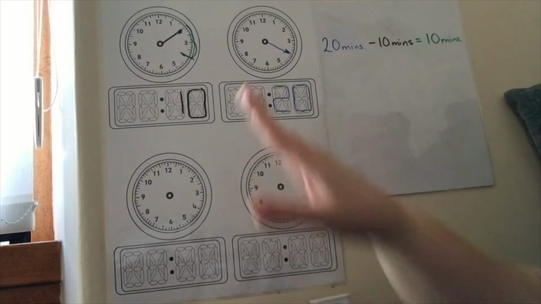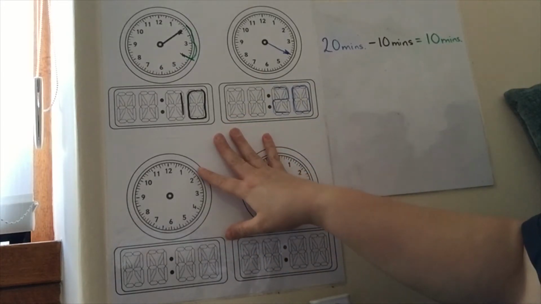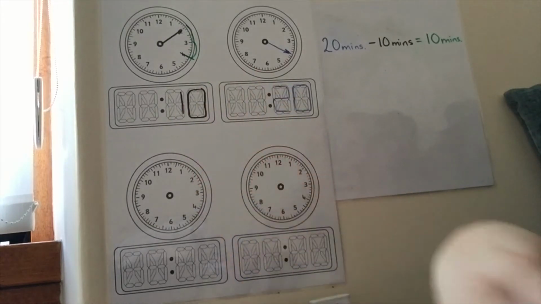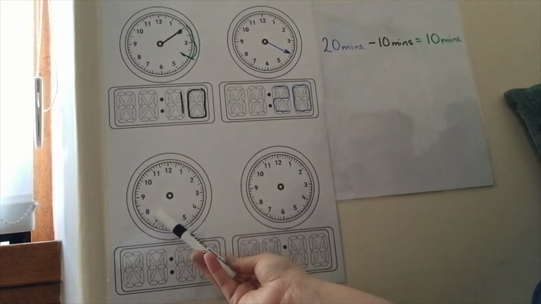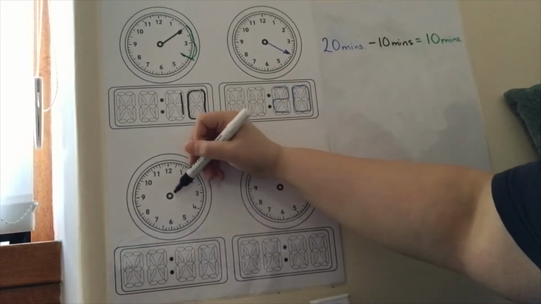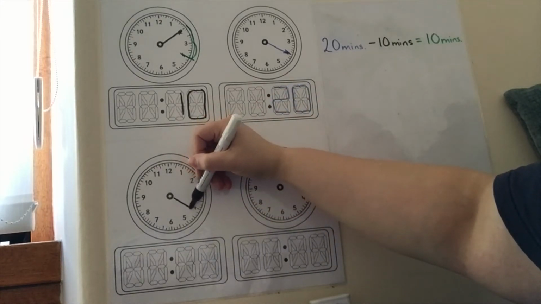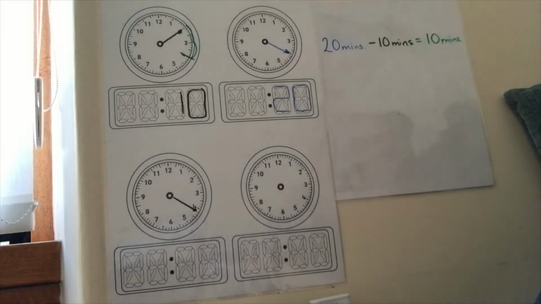Okay, let's have a look at another one. That one I chose nicely because it ends up on nice friendly numbers, but obviously clocks are not always like that. Sometimes we end up on 12 minutes past or 14, things like that. So again, I'm going to go over onto this clock this time, and I'm going to draw in my minute hand, and I'm going to work out what time that's on.